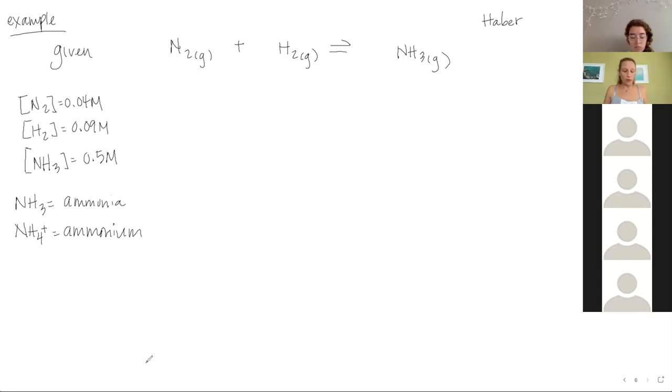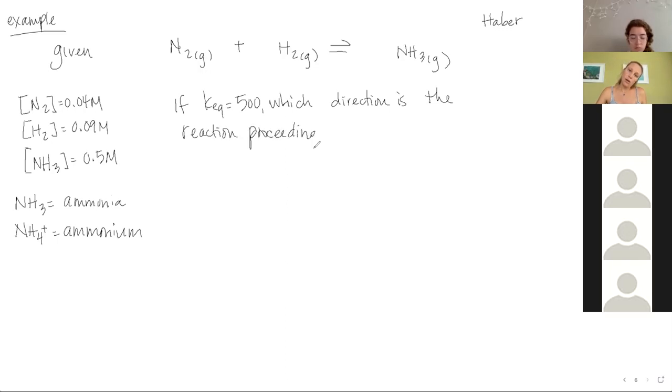Just always remember that. Okay, so if KEQ is 500, which direction is the reaction proceeding? So I'll let you work on that for a few minutes, and then we'll go over it.